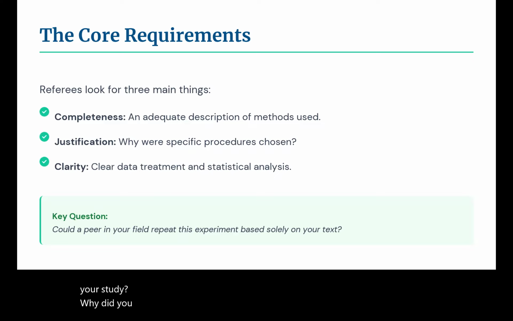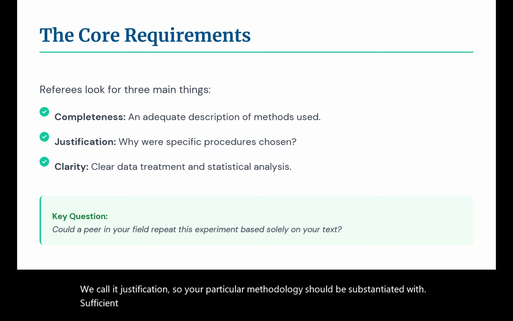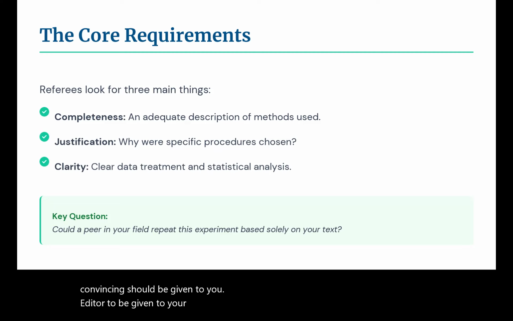We call it justification. So your particular methodology should be substantiated with sufficient justification to make it speak loud. Yes, this is the method. So that convincing should be given to your desk editor, your reviewer, and of course your examiner.